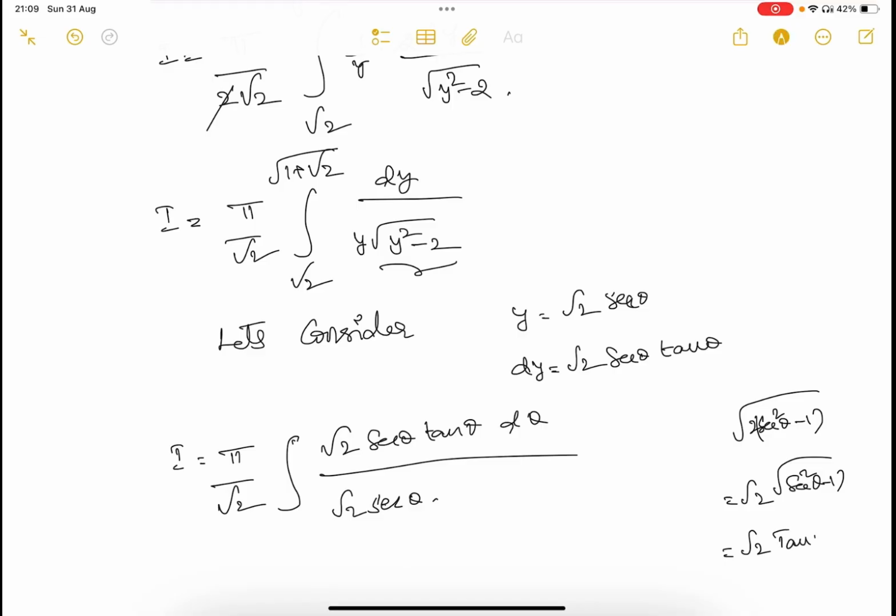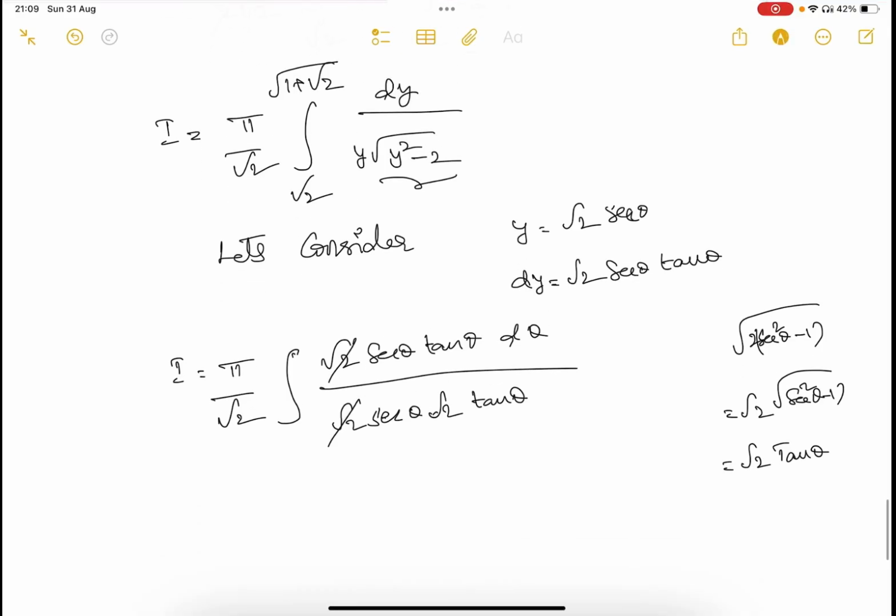Then this will be root 2 tan theta, right? Then this root 2 will go off. Then secant theta tan theta will go. Then I is pi by this root 2 and this root 2 will become pi by 2, right? Integral. Then what are the terms left? d theta. This will be pi by 2 into theta.